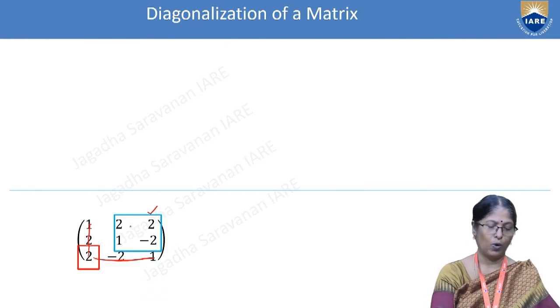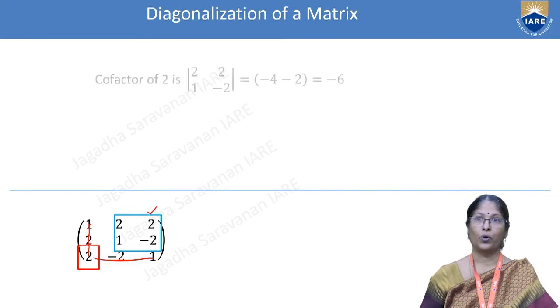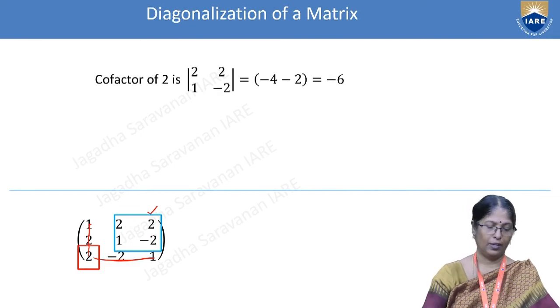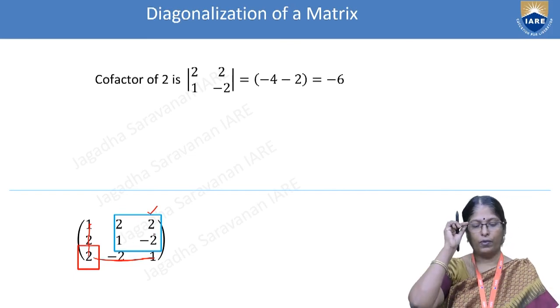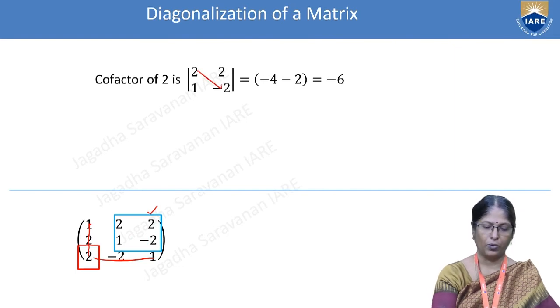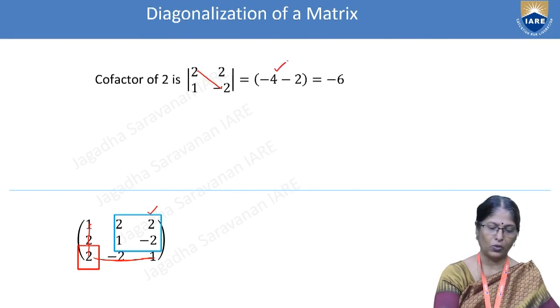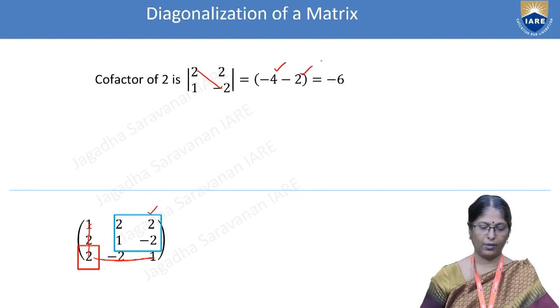Now 2, 1, 1, minus 2. So the cofactor of 2 is the determinant of 2, 1, 1, minus 2. We will do the cross multiplication. That is 2 times minus 2, that is -4. Minus of this is -2, equal to -6.